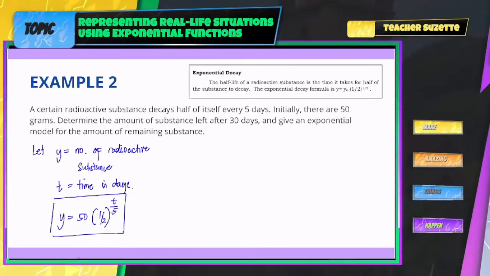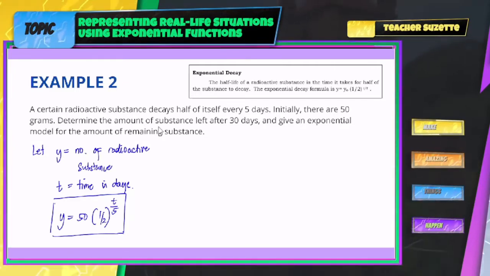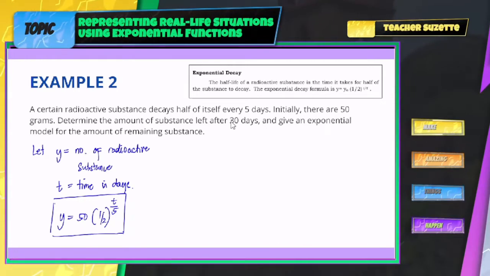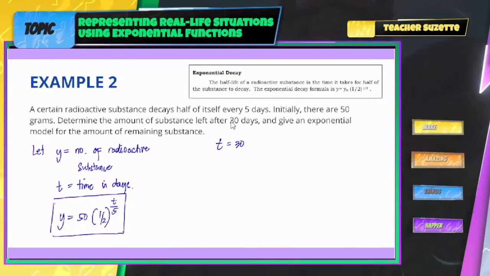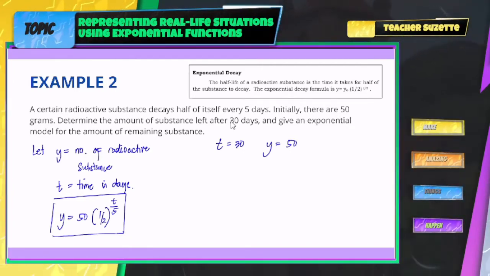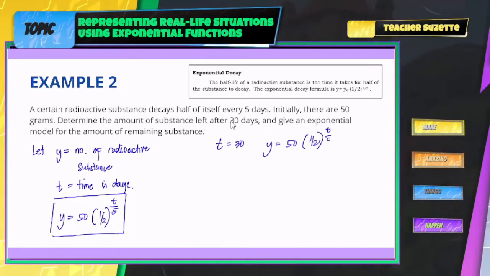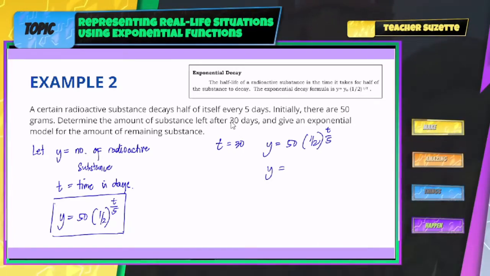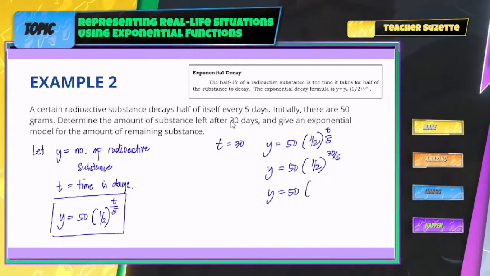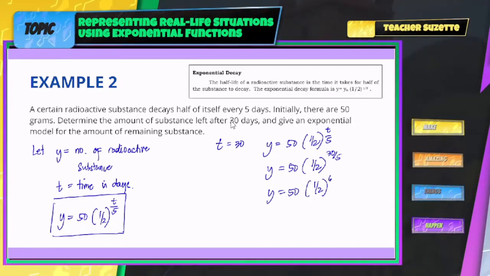Using this function, we can now easily determine the amount of substance left after 30 days. We just substitute into our function, which is y is equal to 50 times 1/2 raised to t over 5. Let's evaluate: we will have 50 times 1/2 raised to 30 over 5, and 30 over 5 is equal to 6.